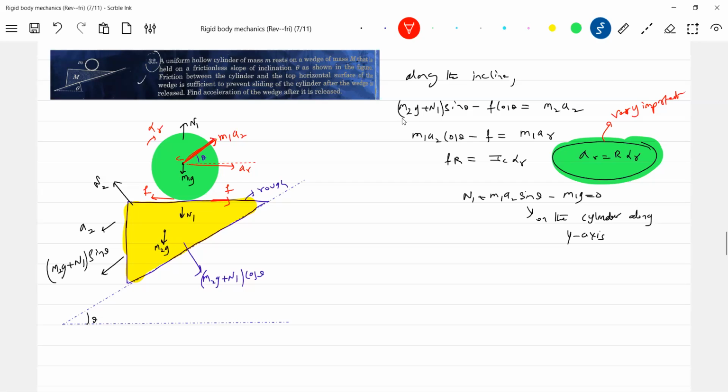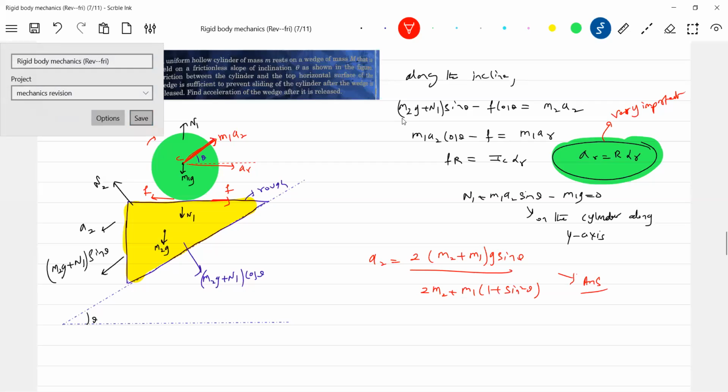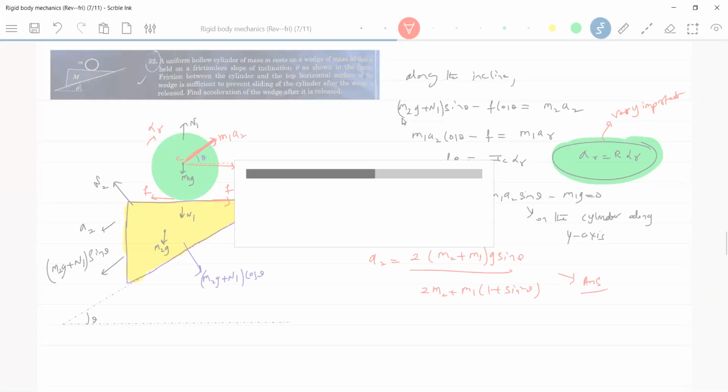So all this will get answered. I'll write down: find the acceleration of wedge. This should be equal to. I think doing it in ground frame will be very lengthy.